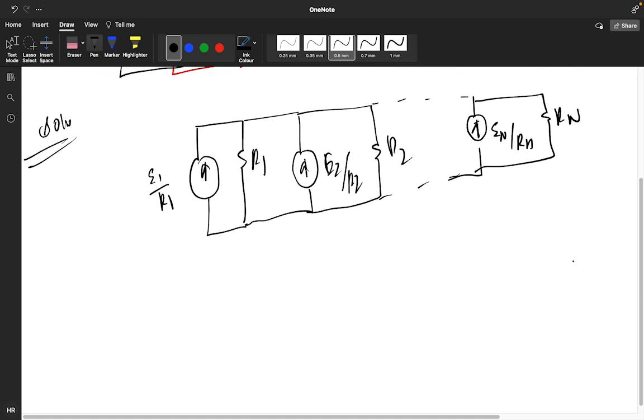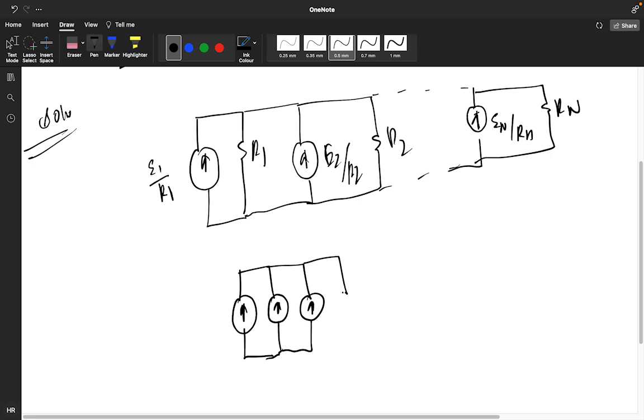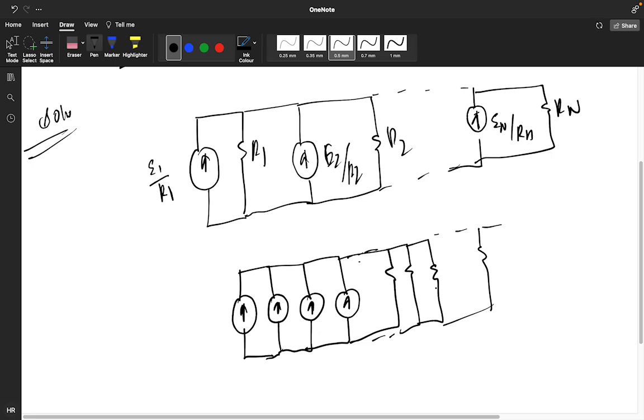Okay guys, now all the things are in parallel, so you can make the circuit like this, and your resistances are connected like this, dotted up to this.